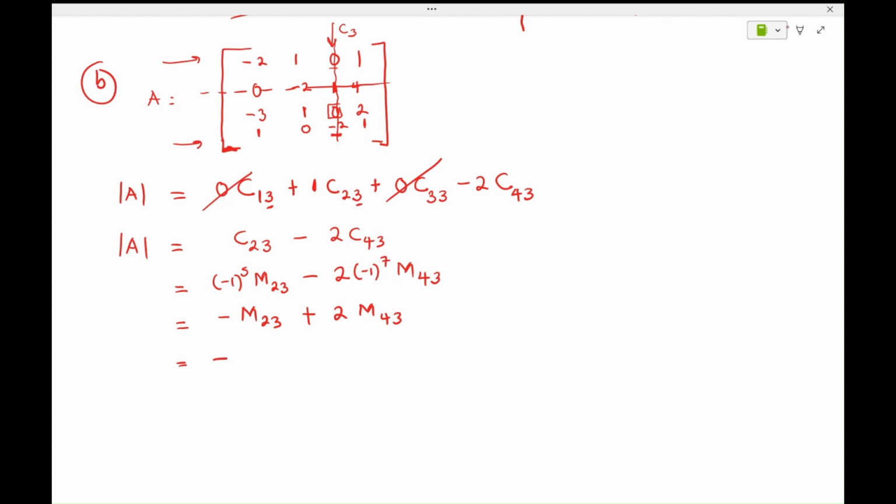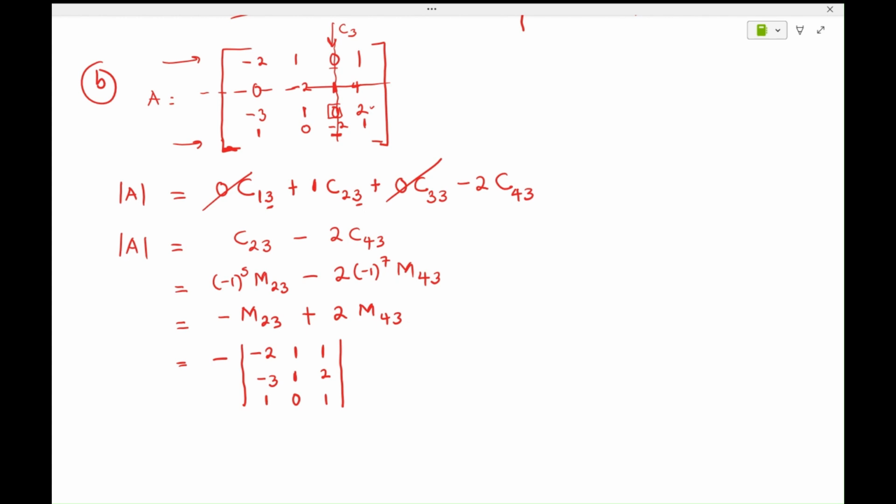And if you do that, you will have the determinant of minus 2, 1, 1, minus 3, 1, then we have here 2, then we have 1, 0, and 1. Is that okay?